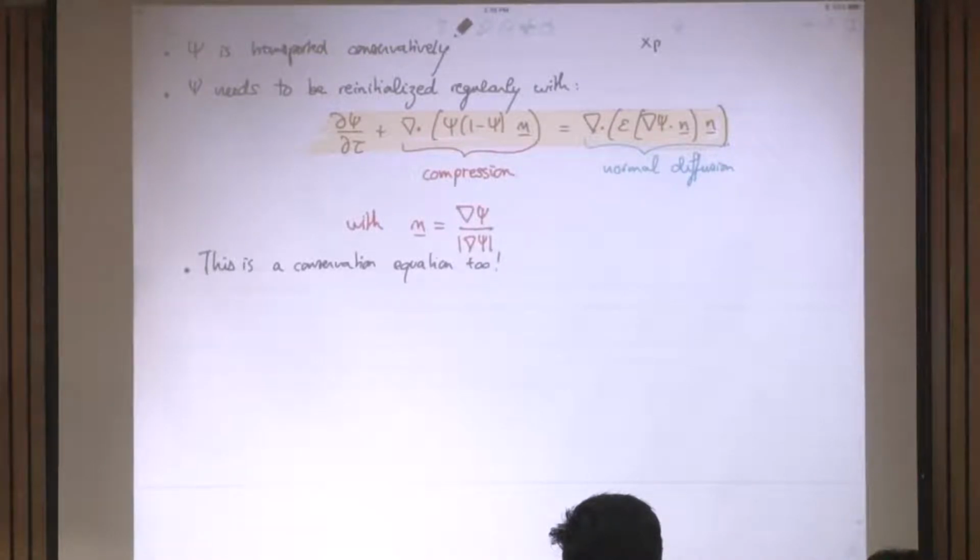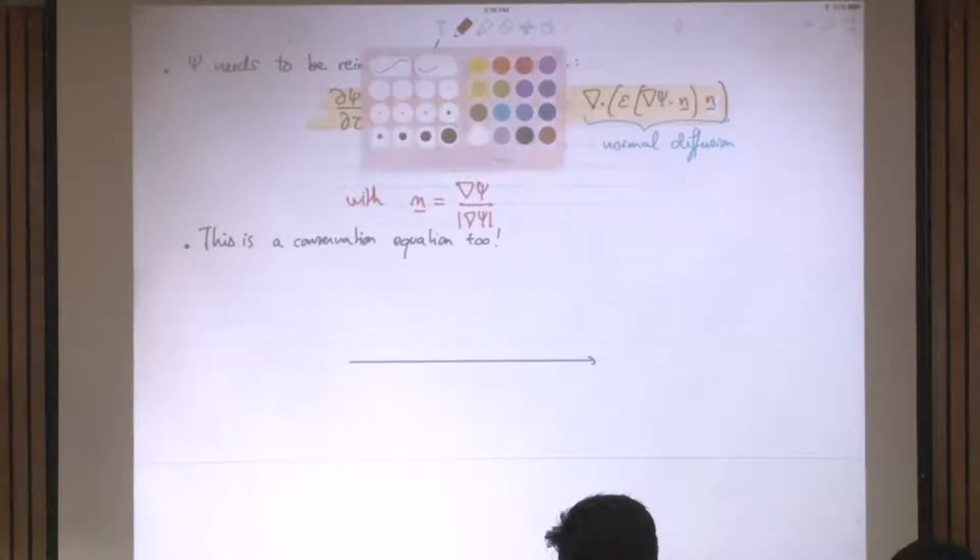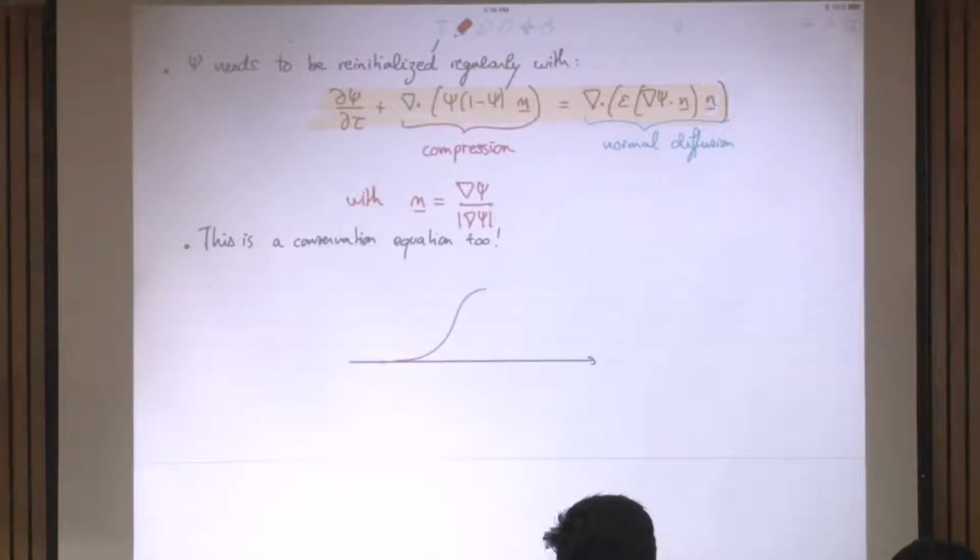There is one major problem with it. This major problem, I'll sketch it. Imagine my level set profile looks like this. Right? That's what we expect, a hyperbolic tangent profile. If for whatever reason any type of dispersion error shows up, this profile will actually become this.